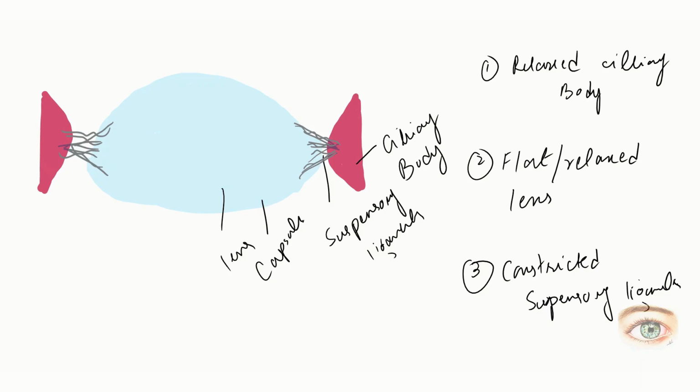Now there is one more question. Why does accommodation occur at the anterior surface and not at the posterior surface? The answer is very simple: we have aqueous humor at the anterior surface and vitreous humor at the posterior surface.